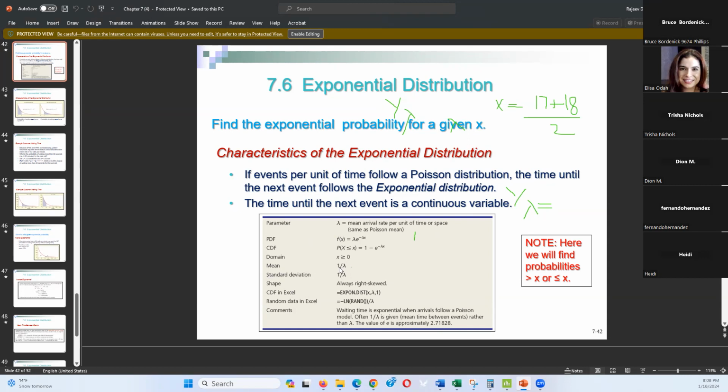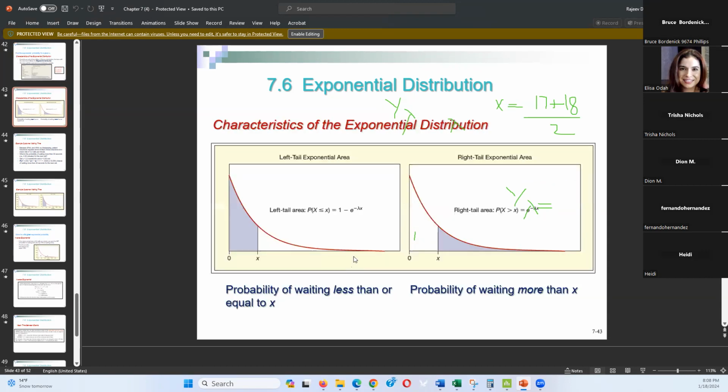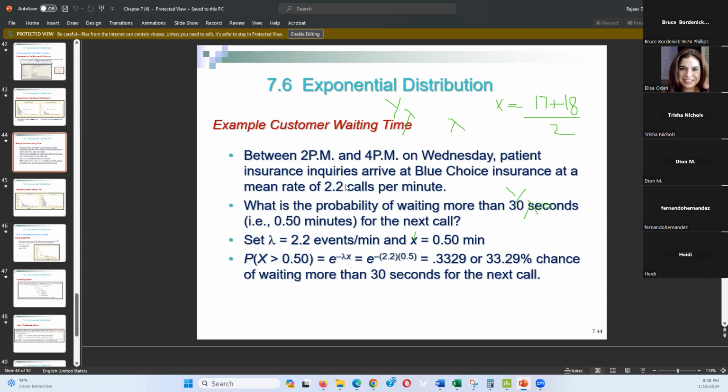What is the mean? 1 divided by lambda. Lambda is the average, so always convert. The first question has the average, which is lambda, and you need the value 1 divided by lambda. So 1 divided by 2.2. This is your value, and this is 0.5, since 30 seconds is 0.5. It is asking more than 30 seconds, so we need the right side. This is very simple.